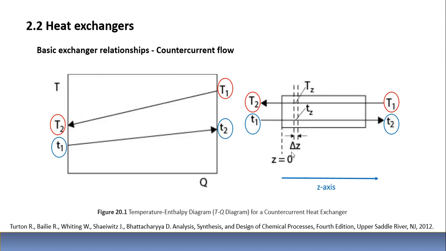It could also be written d, as in David, dz. This is different from delta, that triangle is delta in Greek. In English, that would be d, as in David, dz. It is a differential element, in this case a differential of the length along the exchanger. If the exchanger is 1 meter, 1.5 meters, 2 meters, then dz will be a very small length.